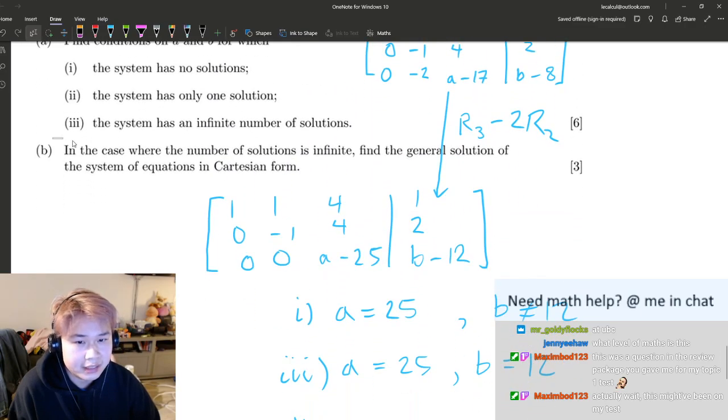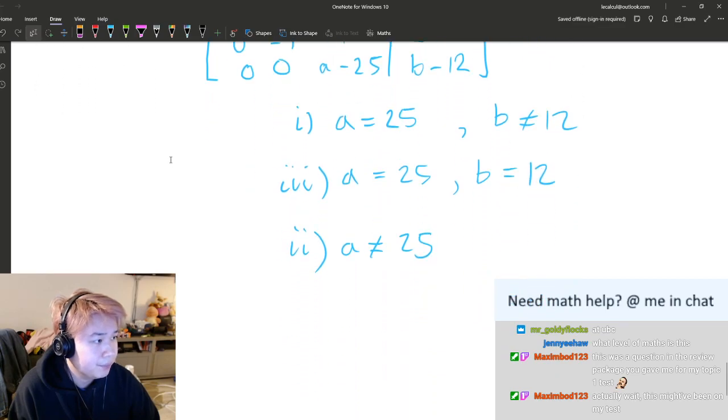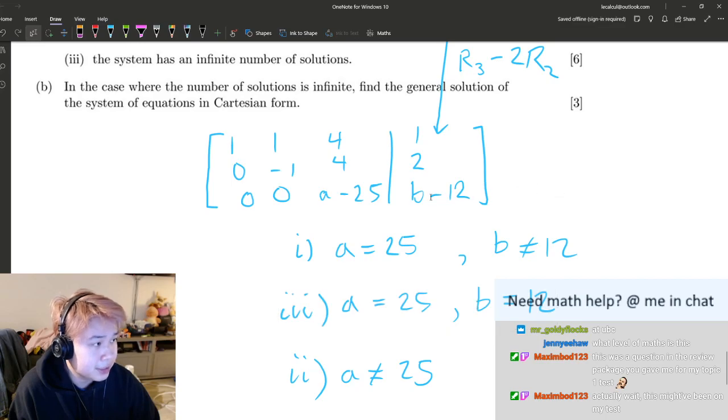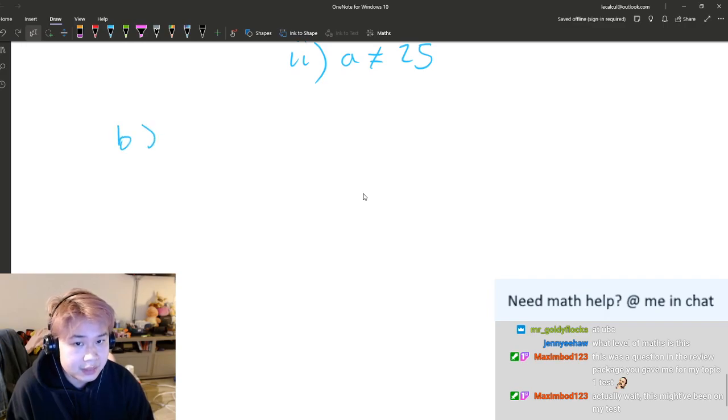Alright, and then in the case where the number of solutions is infinite, find the general solution to the system of equations in the Cartesian form. Okay, so when we have an infinite solution system, that means there's a free variable. In this case, it is the free variable z. So z is free.